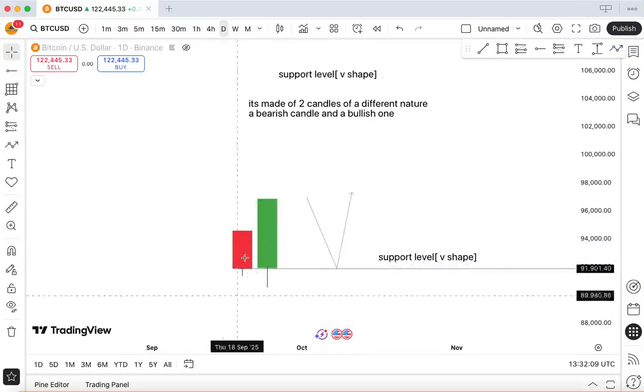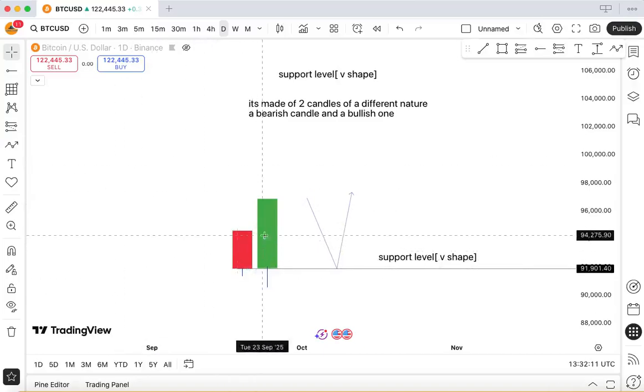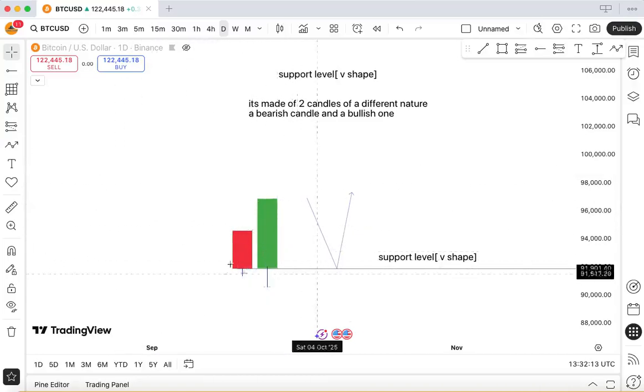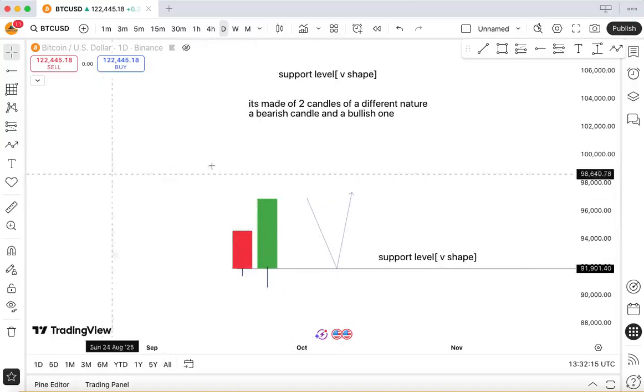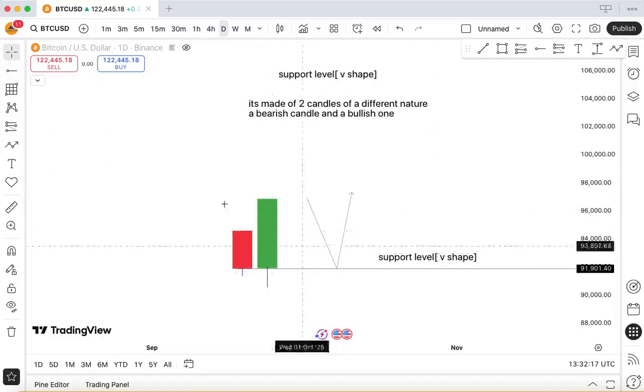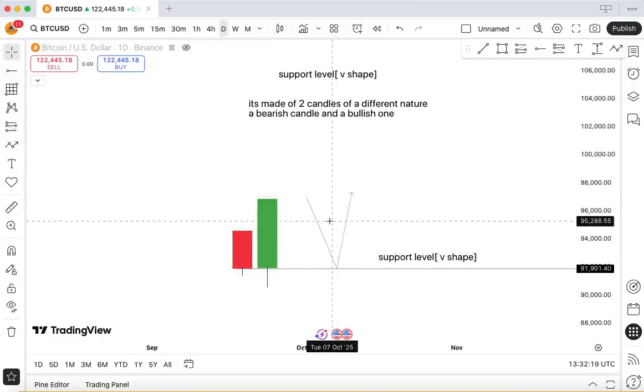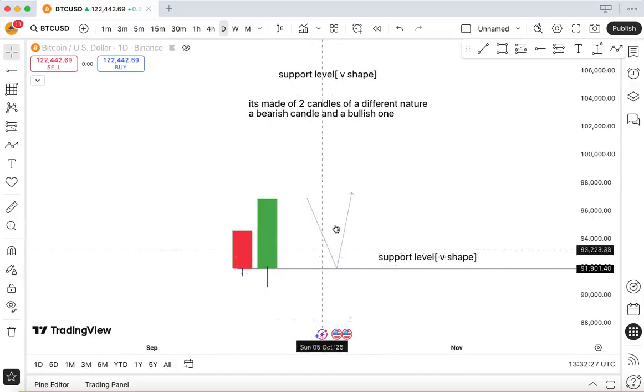I'm giving a lot of time to support and resistance because they are the origins of the other 4 key levels. Once you know support and you know resistance, the other key levels are going to be easy for you. So this is how a support level looks like.